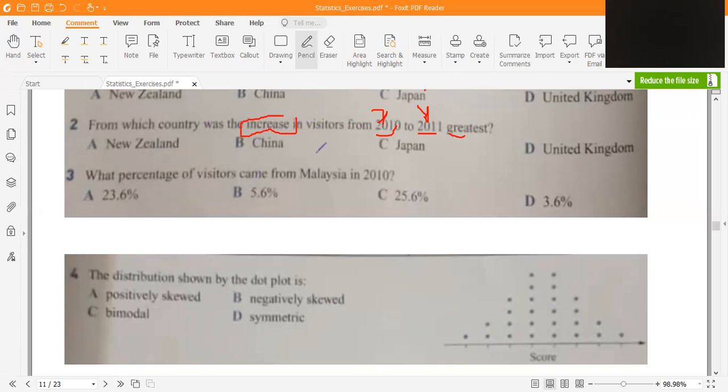So we have to subtract the two numbers: the visitors in 2011 minus the visitors in 2010 for New Zealand, China, Japan, and the United Kingdom.